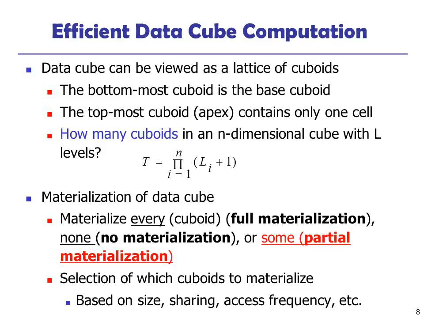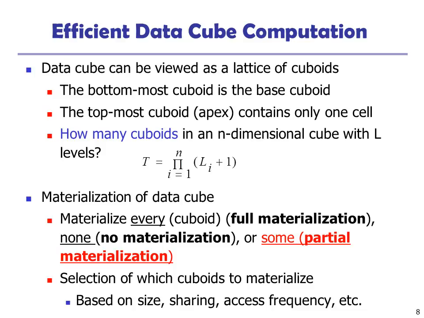So how many such smaller cuboids can we come up with in an n-dimensional cube with L levels? The answer is the total number of cuboids is T equals the product, using a pi operator, of (Li plus 1) from i equals 1 to n.